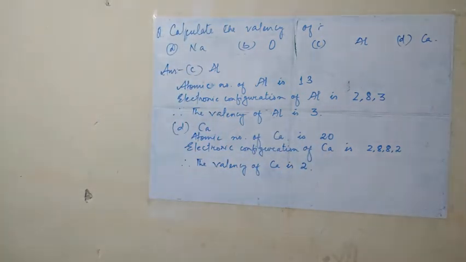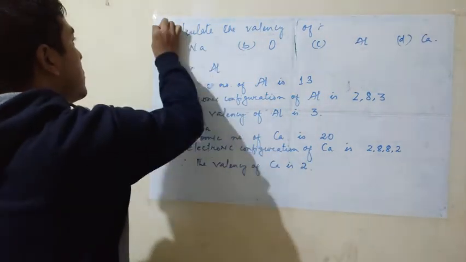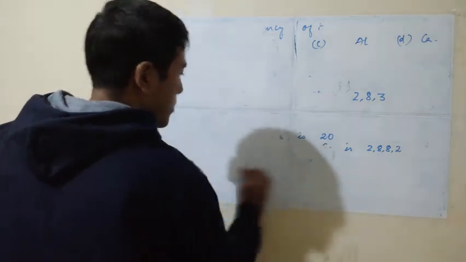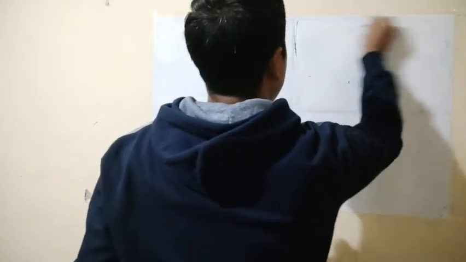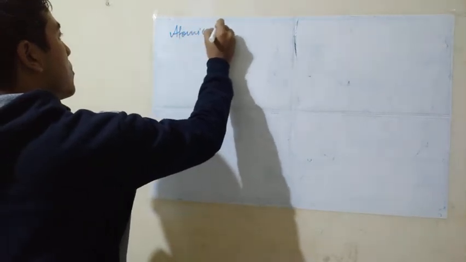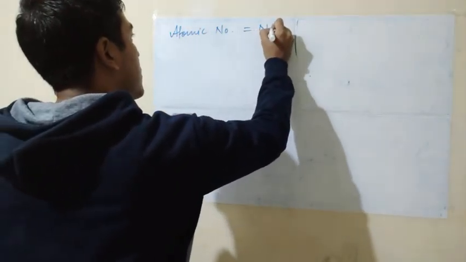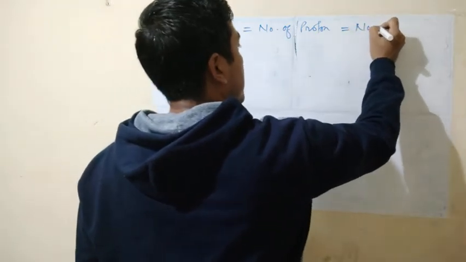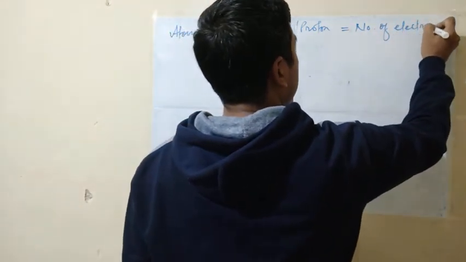Let's copy down how to calculate the valency. Okay, the first part. Now, this atomic number is equal to number of protons, and is also equal to number of electrons.